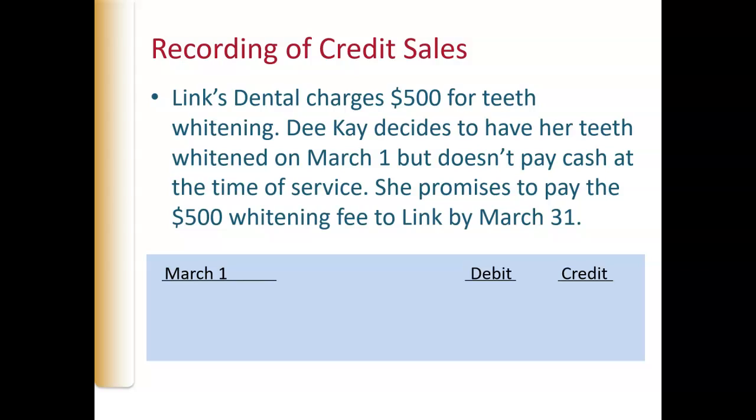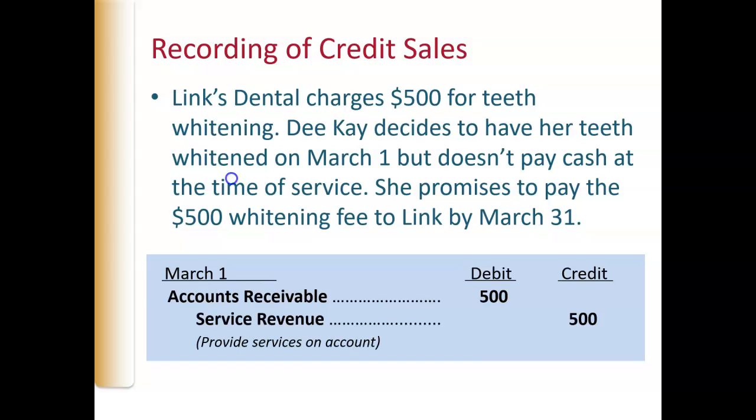So on March 1st, she got her teeth whitened, and it's at that time that Lynx Dental will record a debit to accounts receivable for $500 and a credit for service revenue. That's when the services took place. That's when the revenue is recorded. Okay?